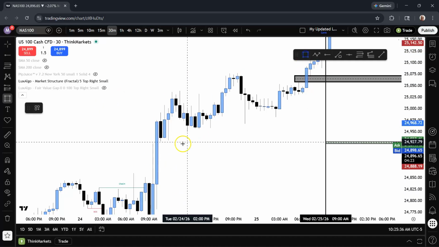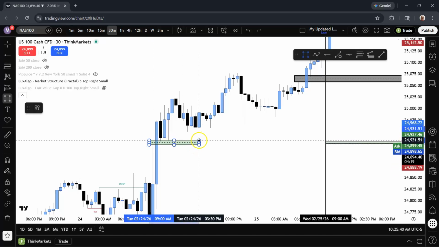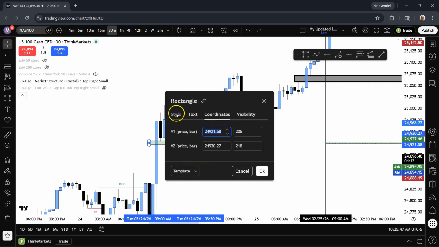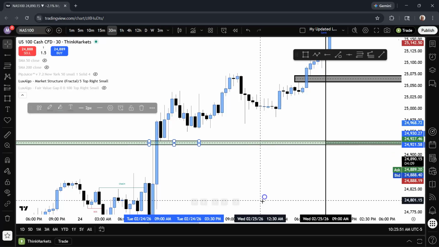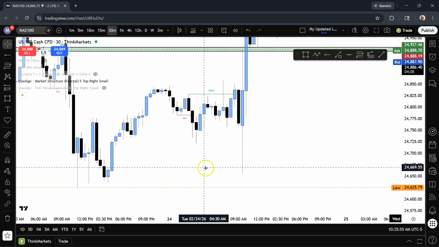Let's see a fair value gap right here. This wick and this wick. And let's stretch that out. Okay, and any more fair value gaps down here?